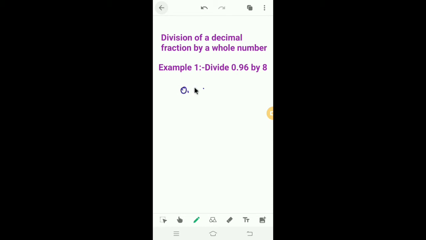We can write 0.96 as 96 by 100. 0.96 divided by 8 is equal to 96 by 100 into 1 by 8, because here the division sign is converted into a multiplication sign. So we have to write 8 as 1 by 8.